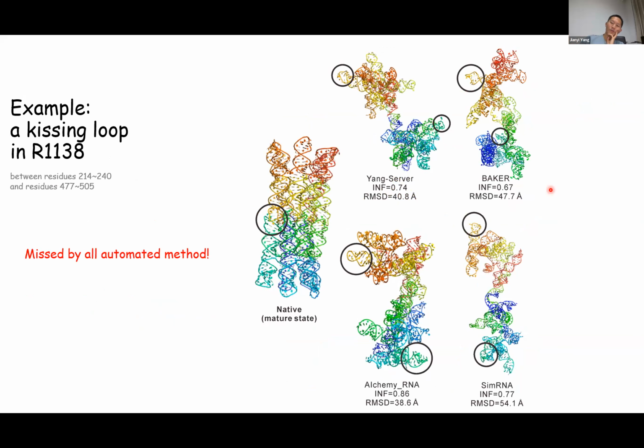So it's very important to predict these motifs correctly first, and then assemble them. I think this is the approach used by most of the top human groups in CASP15 for these synthetic RNAs. But as I said, for shorter RNAs, I don't know what the story will be, so we need more tests.